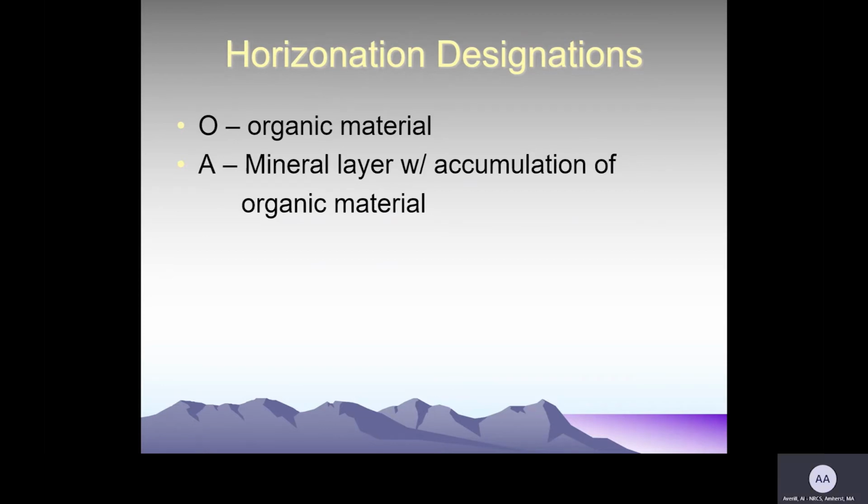It doesn't take a lot of organic material to change the color of the mineral layer. So if you're looking at the soil profile sequence and you see this darker layer and it doesn't feel real greasy, and you see that compared to what's immediately underlying it, it's much darker, then think A horizon.